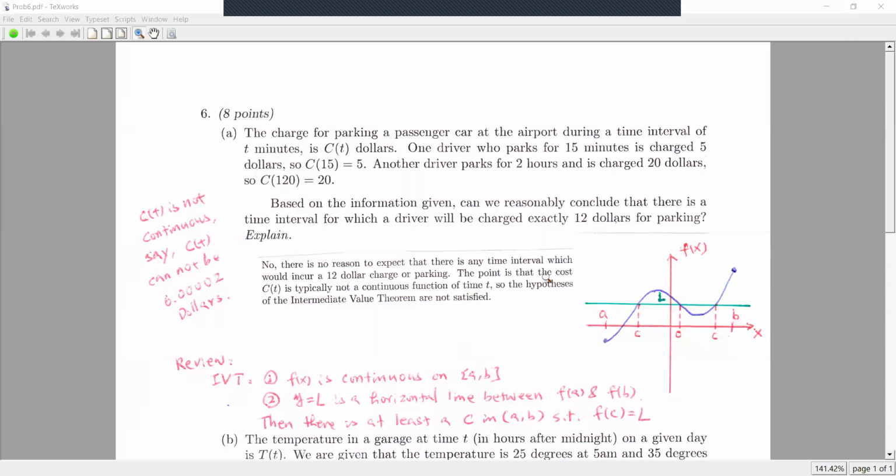Why I say that the cost function C(t) is not a continuous function. For example, $5 is a function value. The next possible function value will be $5.01.